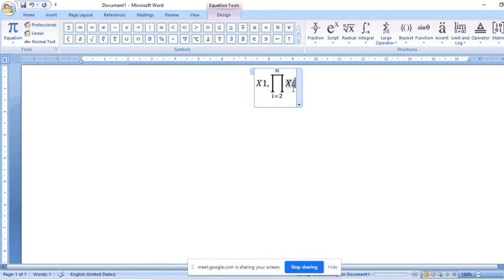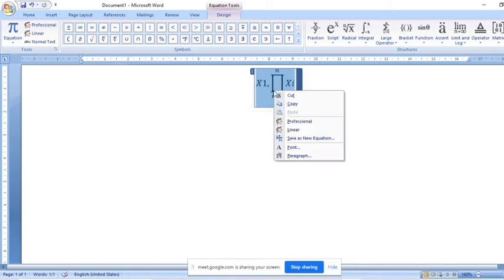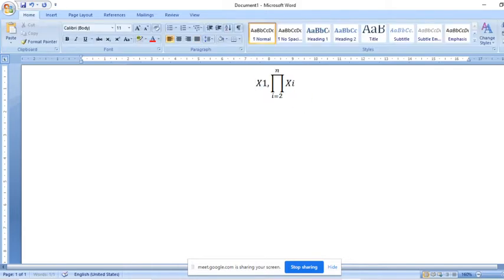So x1 and this product are increasing functions of x1, x2, x3, ..., xn. So naturally, by using the property of association, these two variables, x1 comma the product over i from 2 to n of xi, are associated. Okay, so if these two variables are associated, then what is the definition of association?